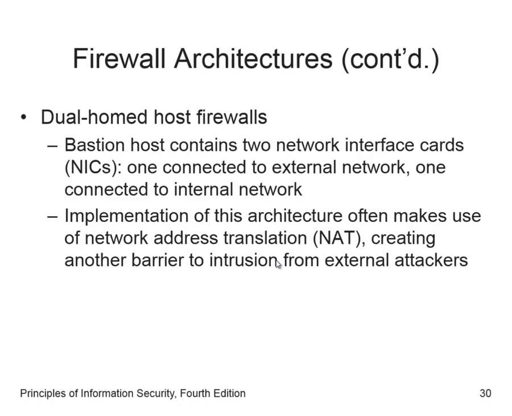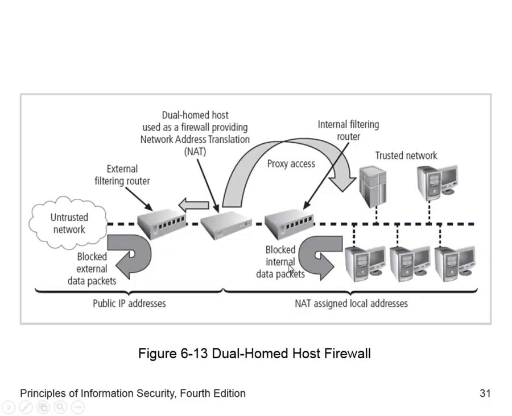The implementation of this architecture often makes use of NAT mapping, assigning IP addresses to a special range of non-routable internal IP addresses, creating yet another barrier to intrusion from external attackers.